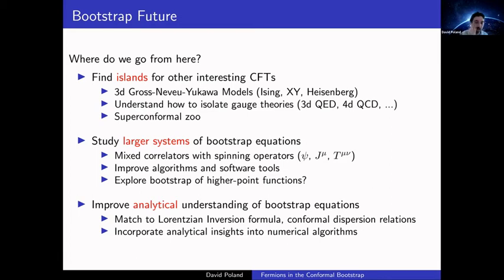Also if you do the bootstrap in 2 dimensions, thinking about O(2) symmetric theories, you can see the Kosterlitz-Thouless line of fixed points in that context. So in general, yes, if you have a line of fixed points, you'll see a whole line of allowed region in the bootstrap solution space rather than a closed island shrinking to a point.